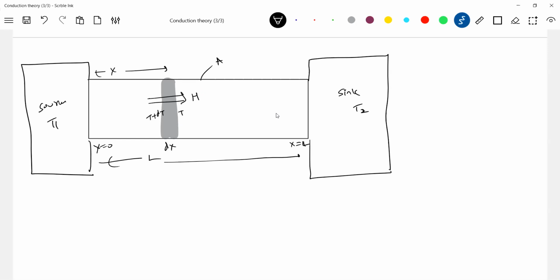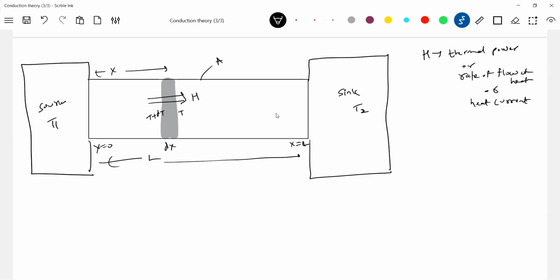Rather than heat, I'll call it thermal power, the amount of heat flowing per second, because I'm also interested in time. This H is called thermal power or rate of flow of heat or heat current.